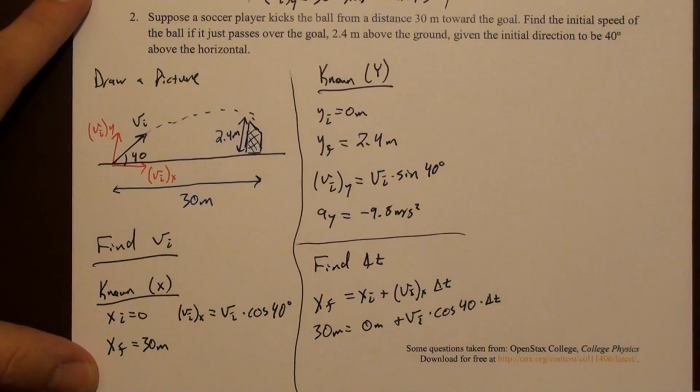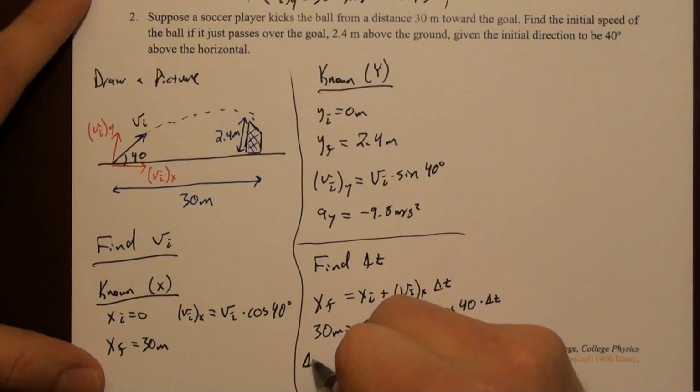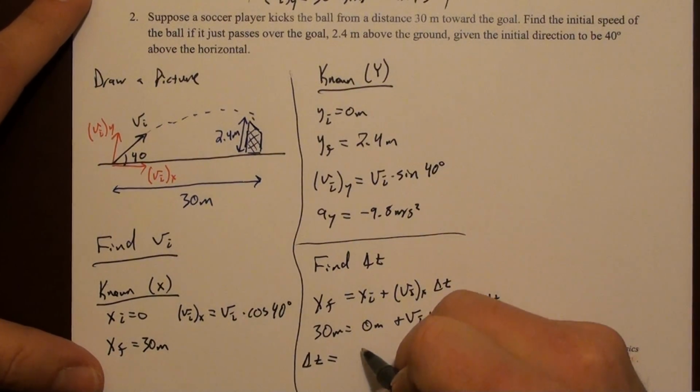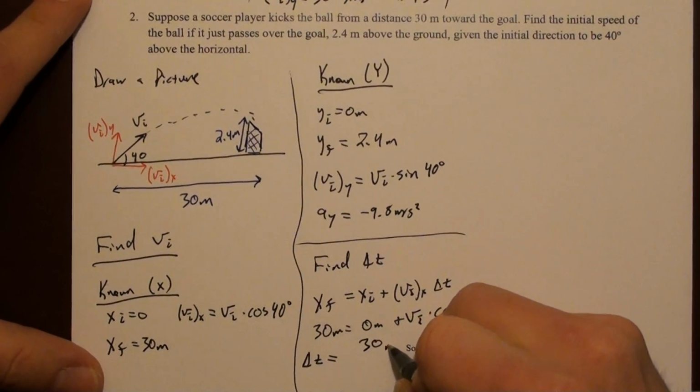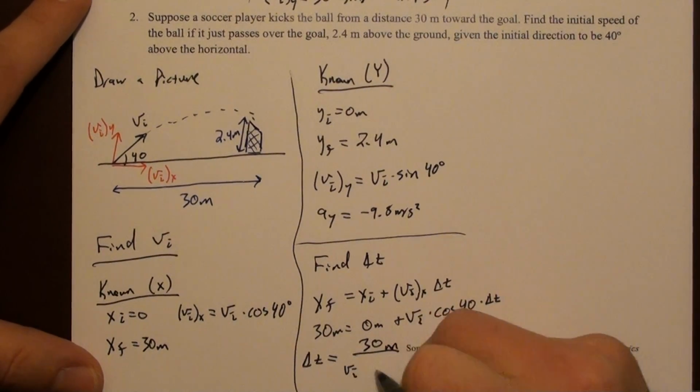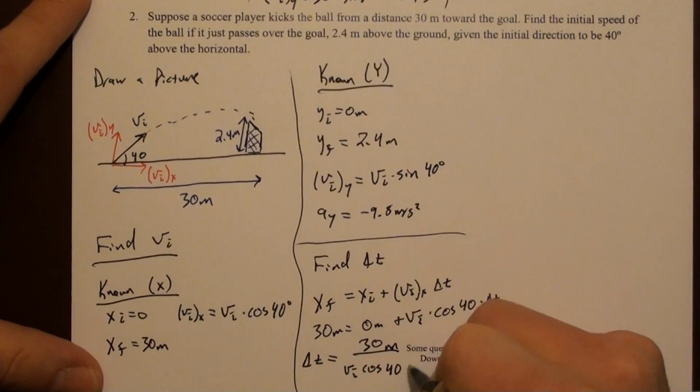So I can write an expression for delta t. That is 30 meters divided by v initial cosine 40.